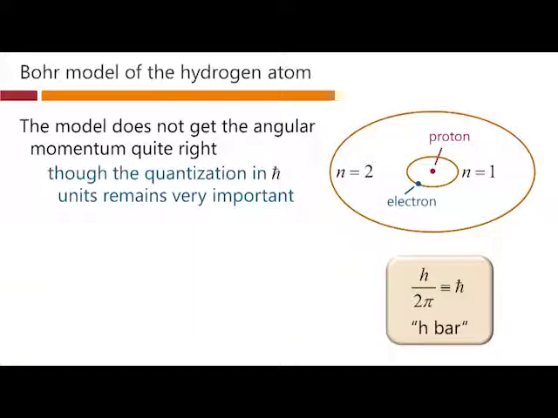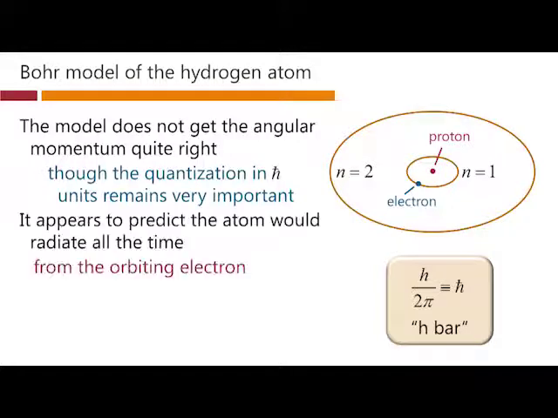However, despite its remarkable success and its very substantial importance in the development of quantum theory, the Bohr model is not actually right in several ways. It does not quite get this angular momentum right, although the quantization in units of h-bar remains very important.